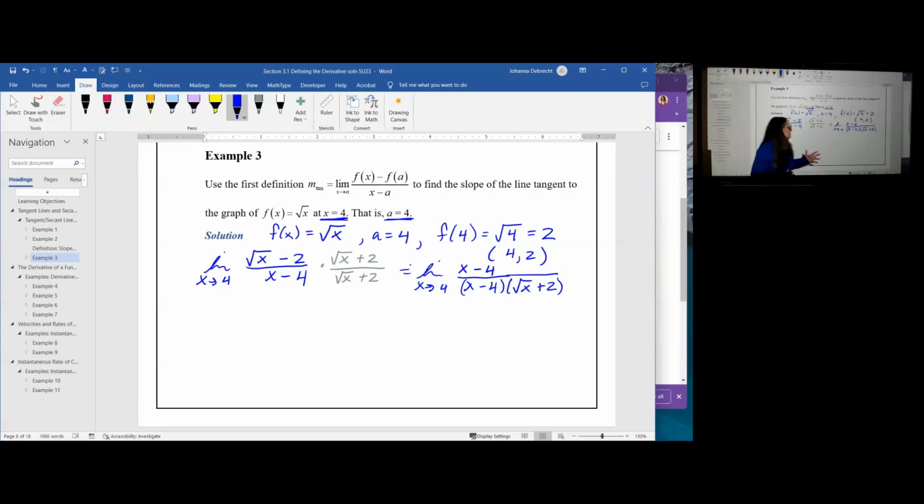Now notice that we have a common factor of x minus 4, which is then going to allow us to write that the limit as x approaches 4 of 1 divided by the square root of x plus 2, and then we can substitute in. If I try to substitute in at the beginning, I get the square root of 4, which is 2, minus 2, which gives me a 0.